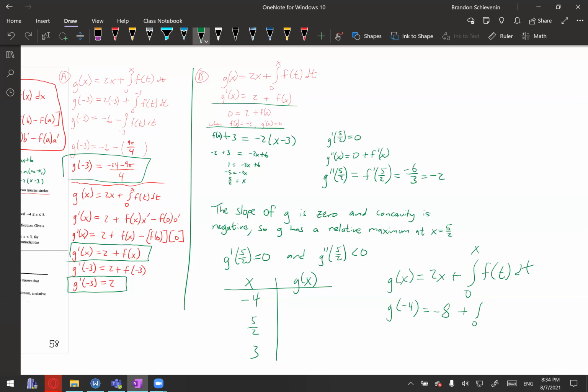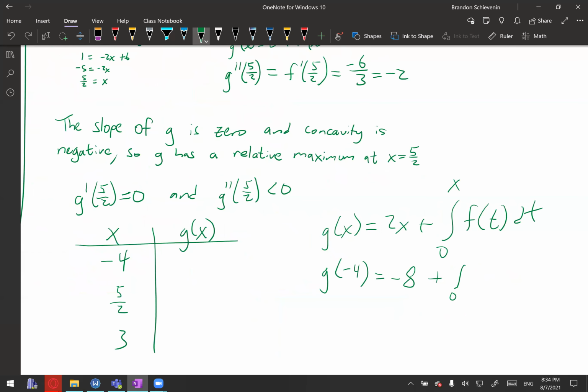We're closer. The x value is -4, not the t value.